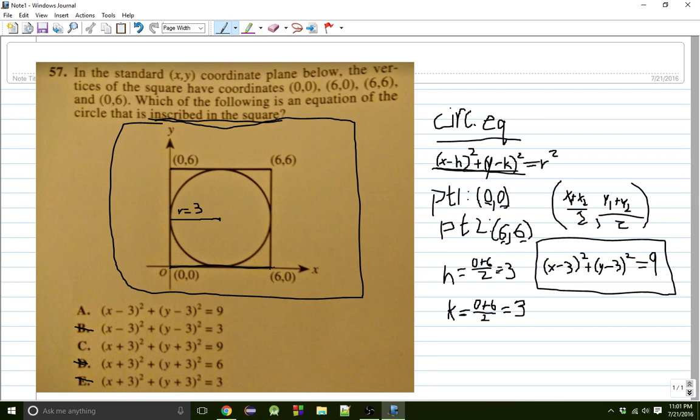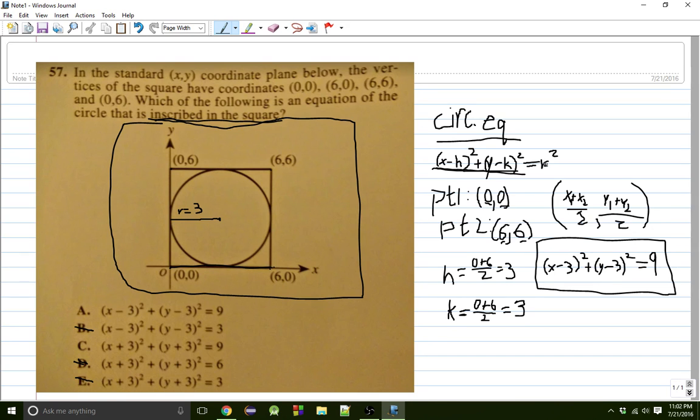Okay, so that's our lesson for today. Just remember what we did. All circle equations are in the format (x minus h) squared plus (y minus k) squared equals r squared. You have to find the midpoint using the midpoint formula to find h and k.